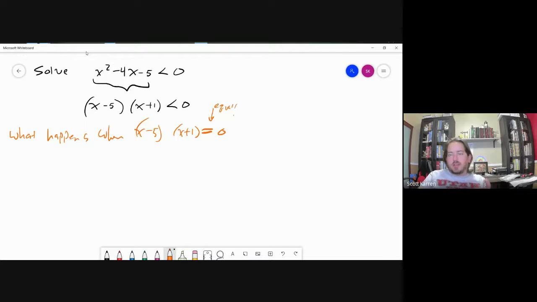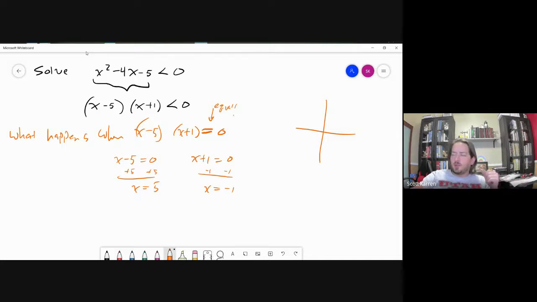We're just interested in that because that'll find us the zeros of this function. So I know that either x minus 5 is 0 or x plus 1 is 0. And therefore, if I add 5, so kind of in my mind, I'm building the graph, but I don't have to do the graph.